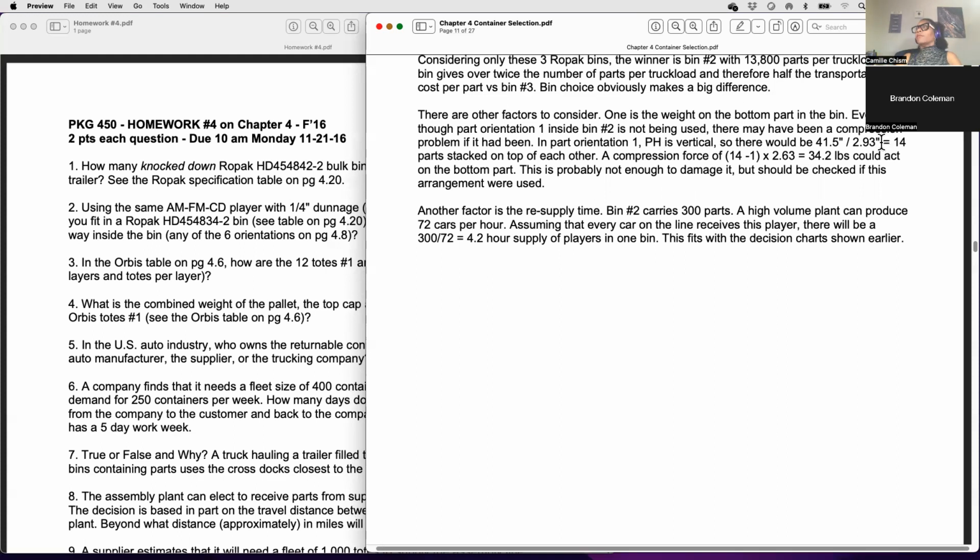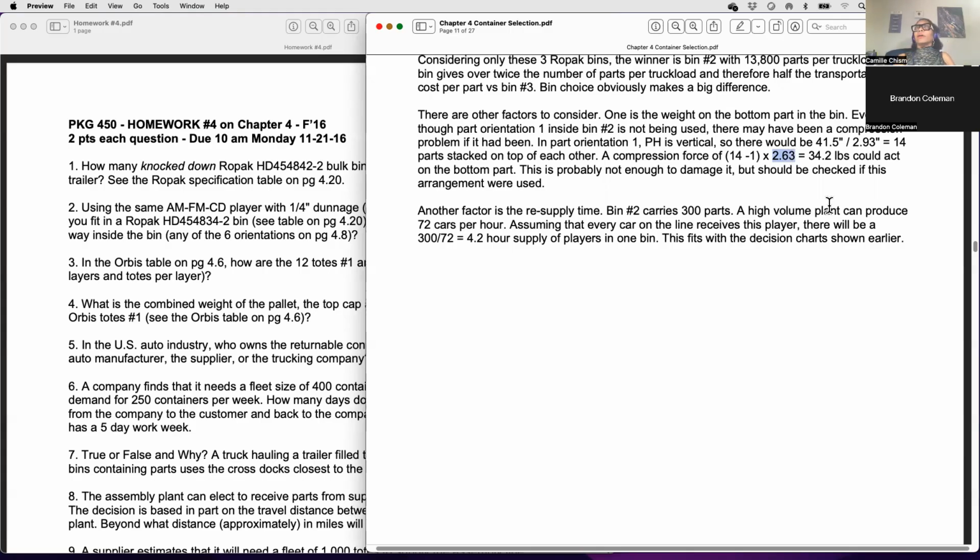For this one, you've got 14 parts that are stacked on top of each other. So now you're taking your compression force for the bottom layer. You've got 14 stacked. You subtract the one because that bottom one isn't compressing on itself, and then you multiply it by the weight of the 2.63 to get 34.2 pounds.